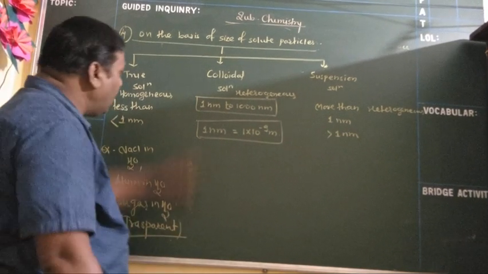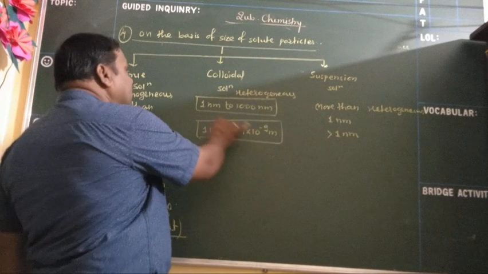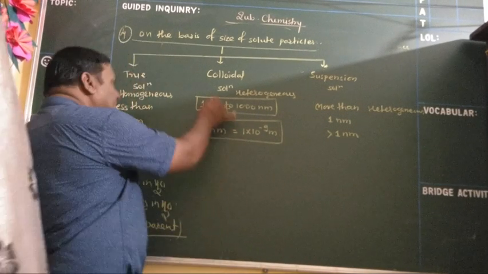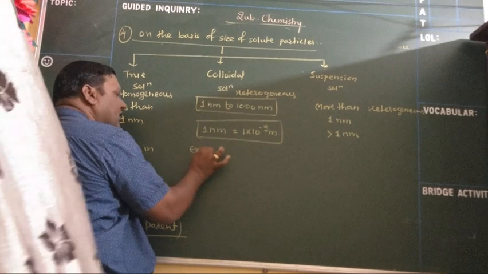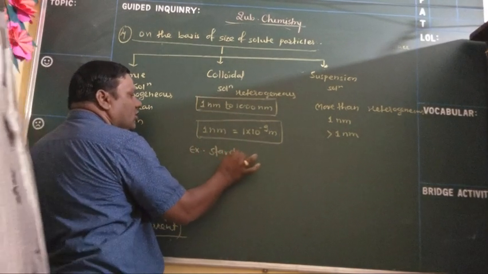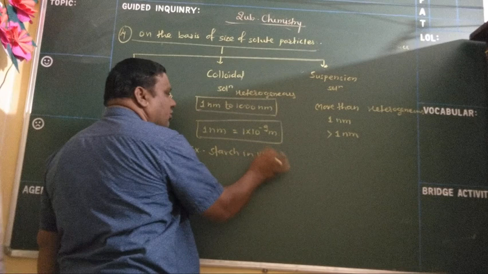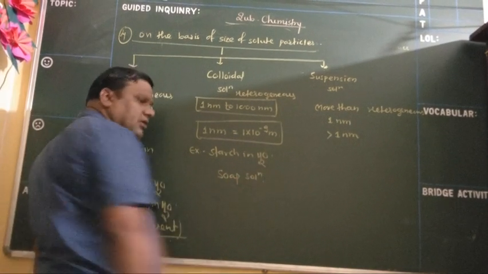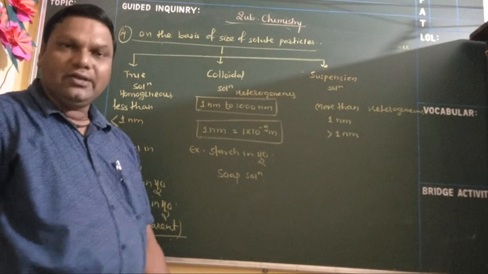Colloidal solution: the particle size is 1 nanometer to 1000 nanometer, and it is heterogeneous. Examples are starch in water, starch powder in water, or soap solution. These are examples of colloidal solution.